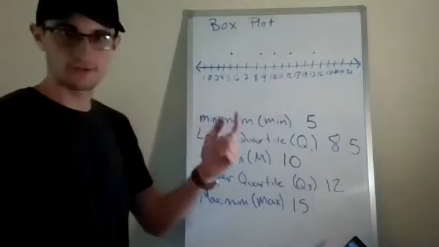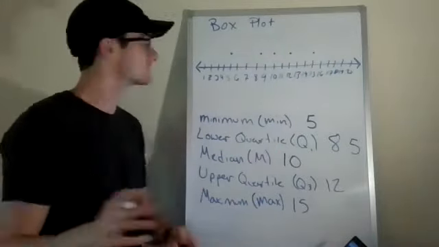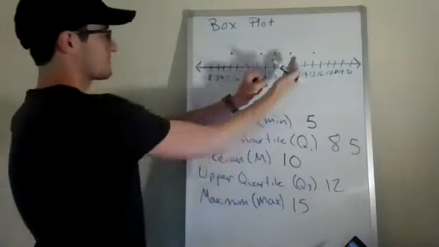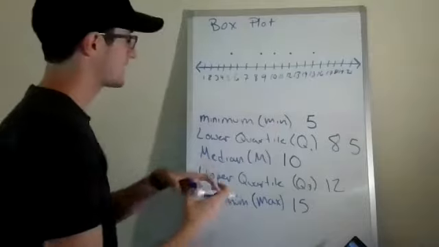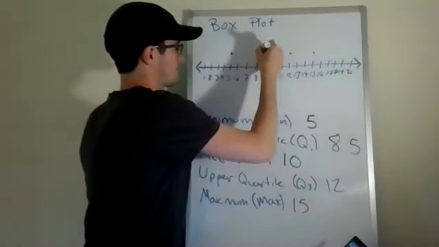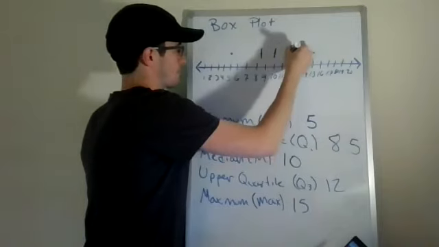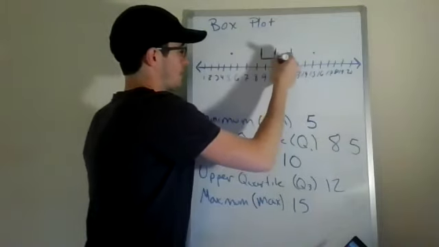I just heard all of your brains go, what? So our box is in the middle here, okay? Our box is going to contain the first quartile, the median, and the upper. I need to draw a box.